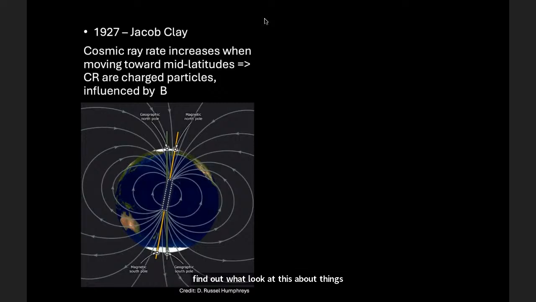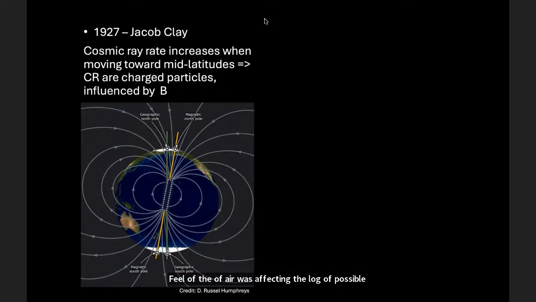In particular, what they did is try to measure the number of cosmic rays reaching the equator and larger latitudes. And what they found is that as they were going to the poles, the number of cosmic rays was increasing. What that means is that somehow the magnetic field of Earth was affecting the number of cosmic rays reaching us.